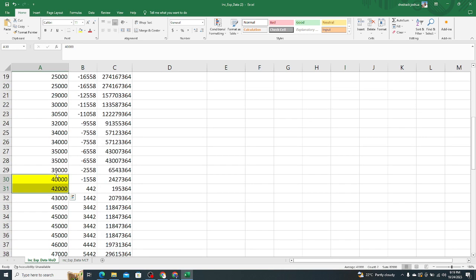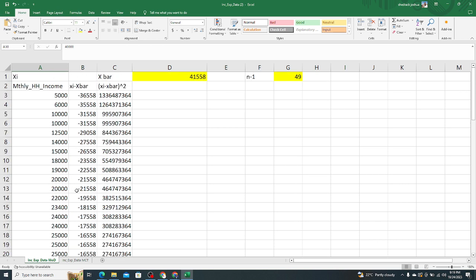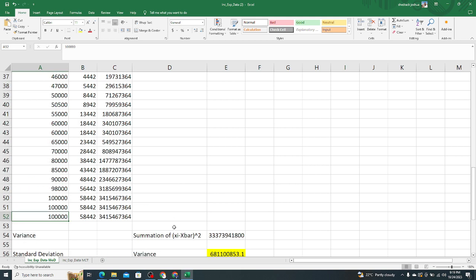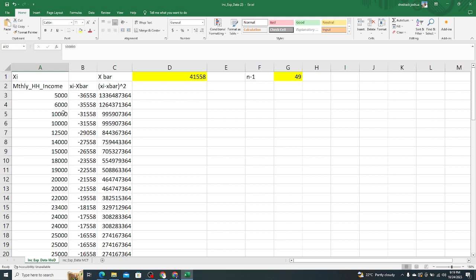Imagine you are comparing someone earning 40,000 with someone earning 5,000 and another one earning 100,000. Even if we were to plot this, some of the data points will be far away from the mean.